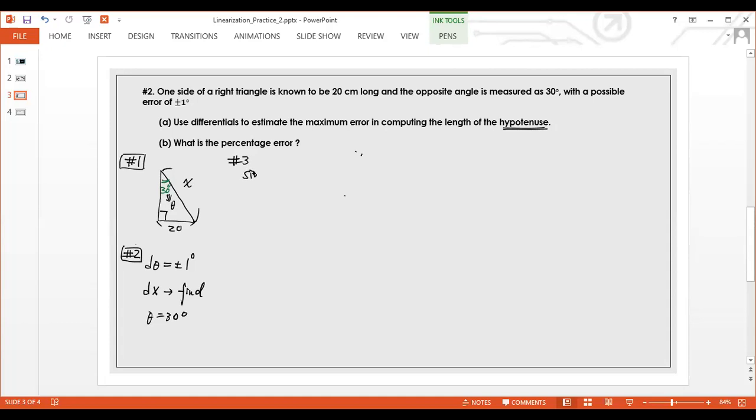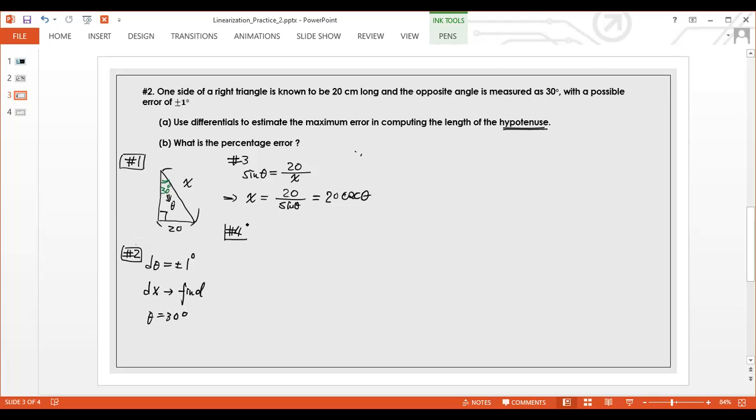Sine theta is opposite over hypotenuse, so x is equal to 20 over sine theta, or if you like, 20 cosecant theta, because sine and cosecant are reciprocals of each other.